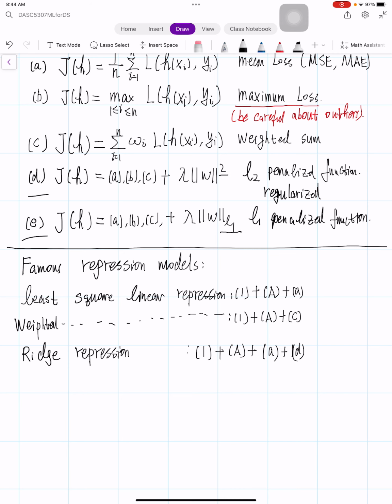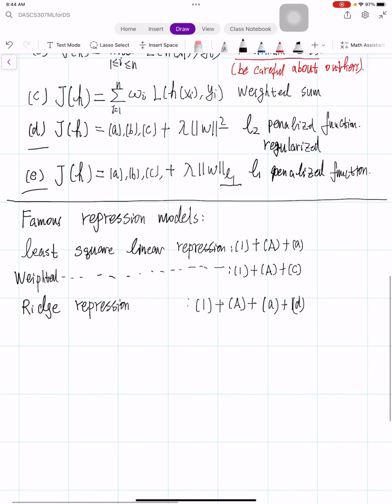So this is called ridge regression, and we also have lasso regression.